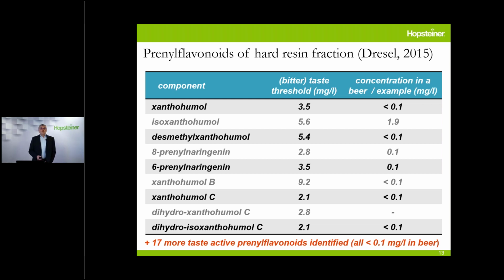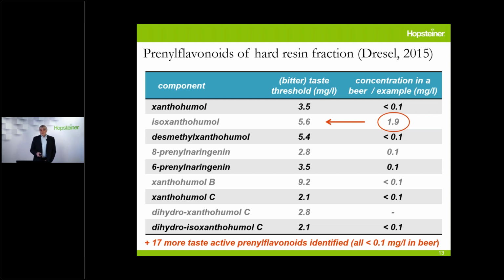And in addition to these components given in this table, 17 more taste active prenylflavonoids were identified. But as you can see, only one component, isoxanthohumol, is present in a concentration that is close to the bitter taste threshold, but at least it's more in the range of it. Whereas for all the other compounds, the concentration in beer is much lower as compared to the bitter taste threshold.